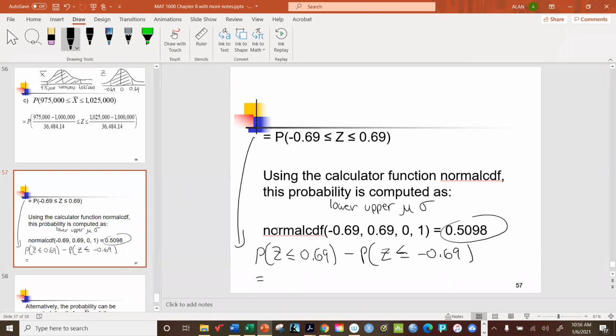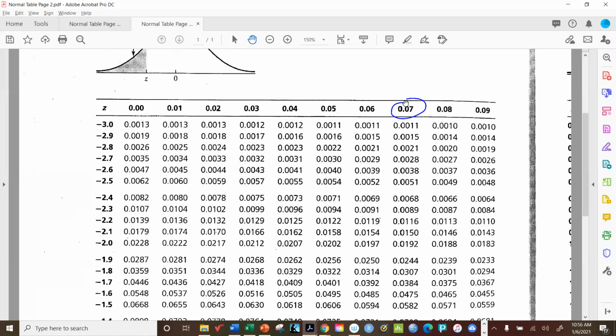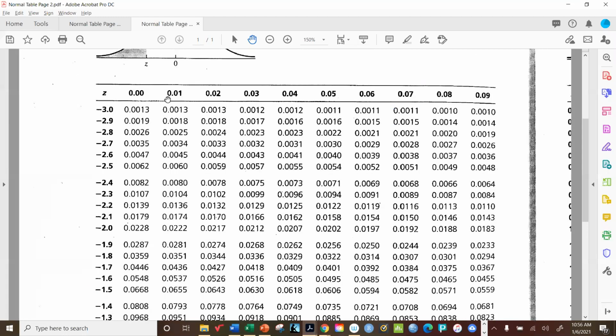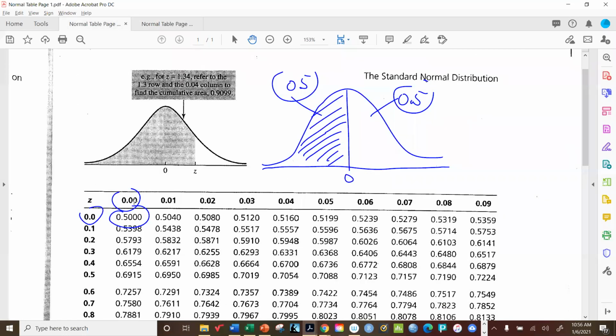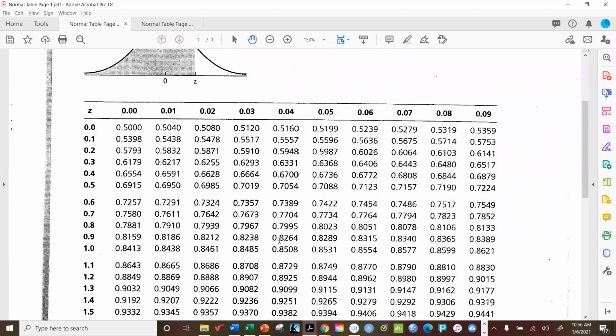All right, positive 0.69. And by the way, this is where you might run into a rounding issue. There's a fair chance that we will not get the exact same solution here, but that's okay. It'll be very close. 0.69 is 0.7549.